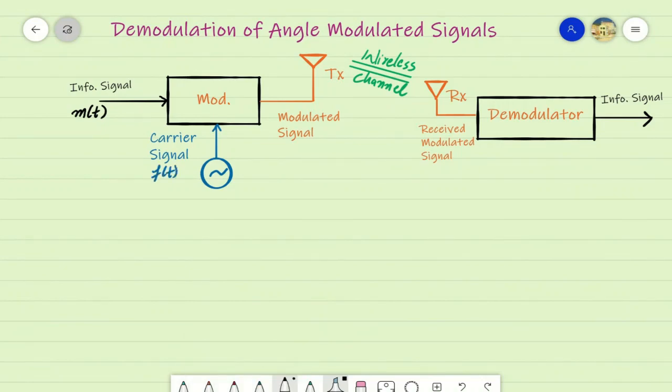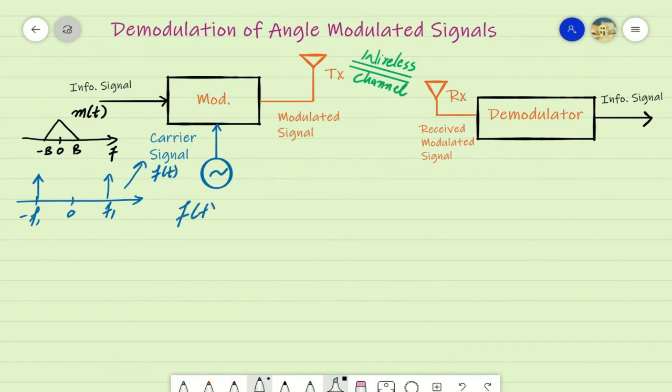An information signal is a baseband signal composed of low frequency components that occupies the band from 0 to B Hz, while a carrier signal is a pure sinusoid of a frequency from the passband where transmission is suitable in all aspects. That is, the carrier signal is defined as a pure sinusoid signal.